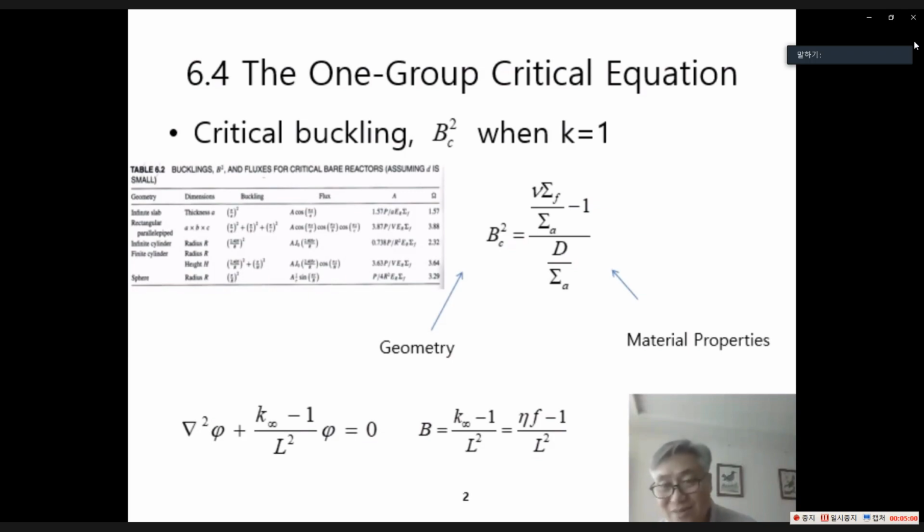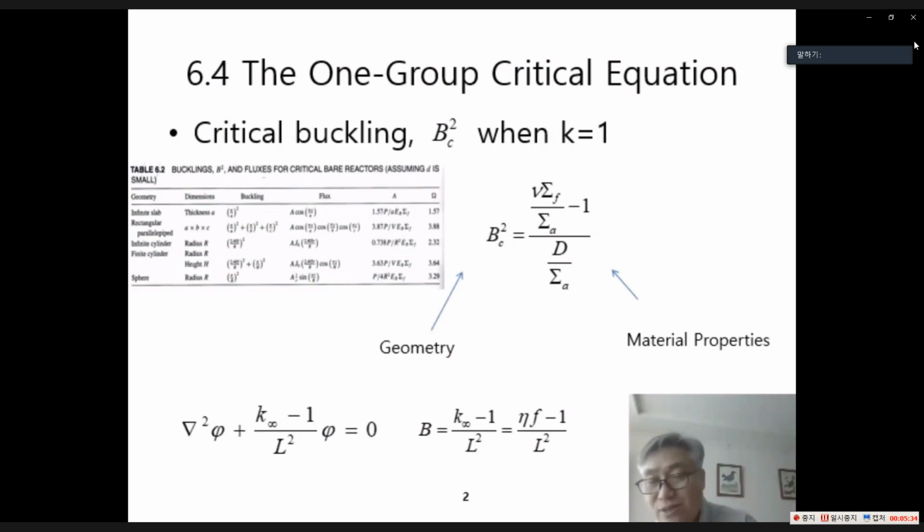So this is the physical meaning of critical buckling, and this is very important because, okay, when we know the material composition, then we can determine the right-hand side. The right-hand side does not include information regarding geometry. So when we know the material property, then the right-hand side is determined.